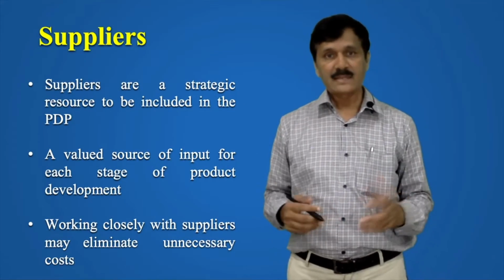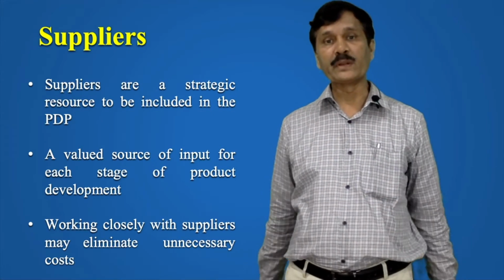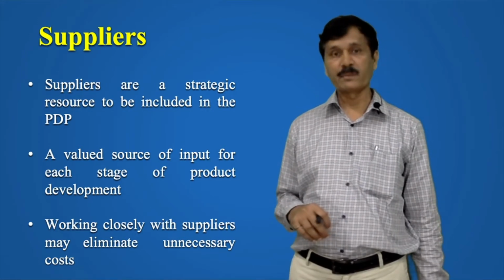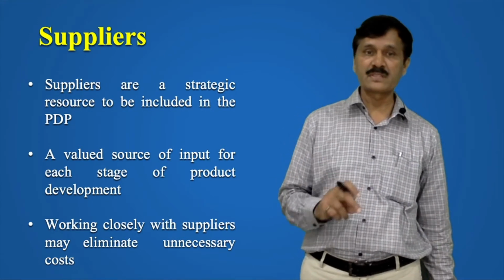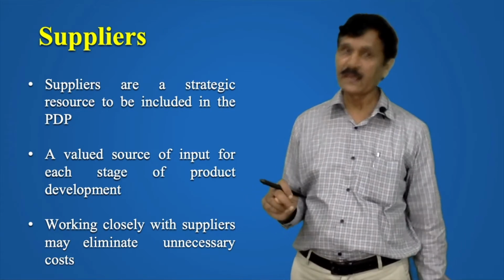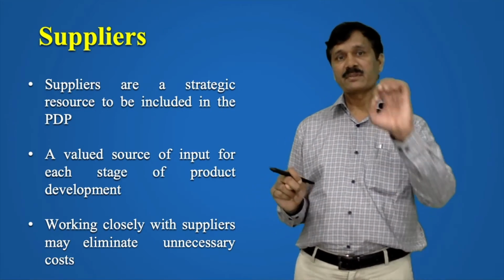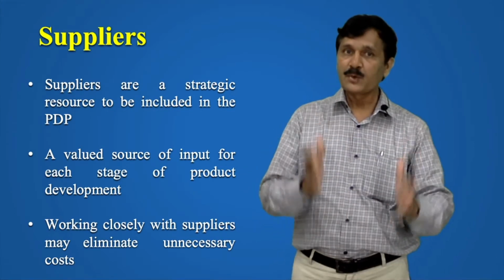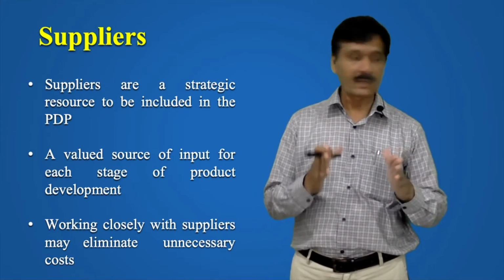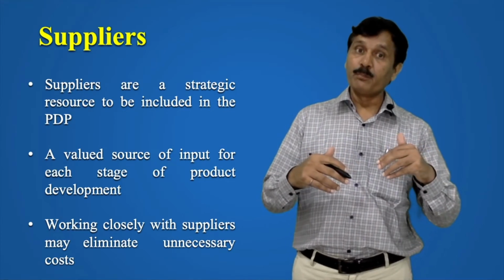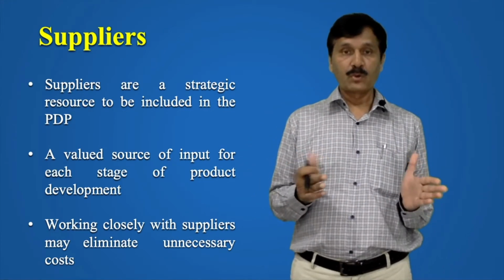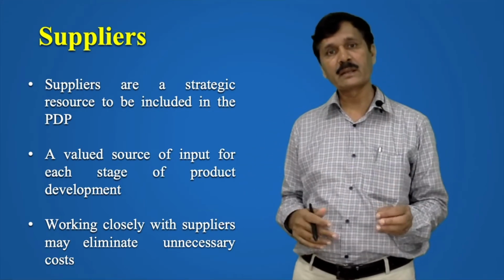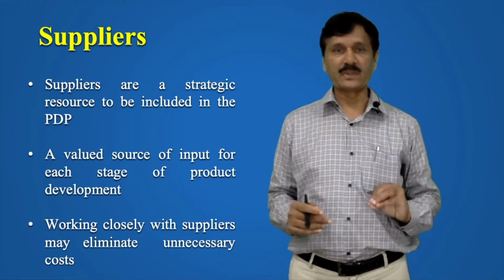Suppliers. Suppliers are a strategic resource to be included in the PDP. They are a valued source of input for each stage of product development, and working closely with suppliers may eliminate unnecessary cost. Just for example, in the case of a supplier, sometimes a new product is introduced in the market and there is huge competition in the market. So companies sometimes move backward, that is, they have to sell the product at X rupees.